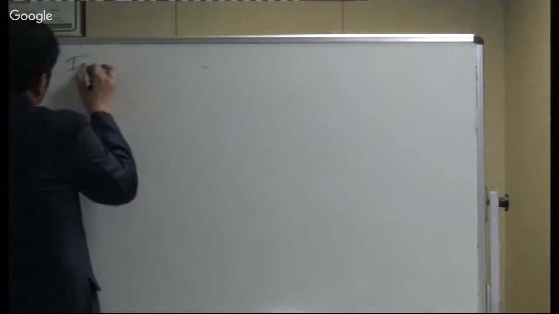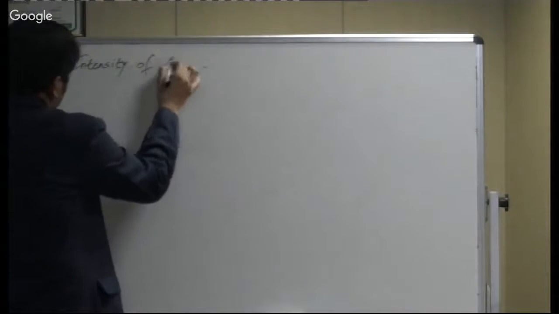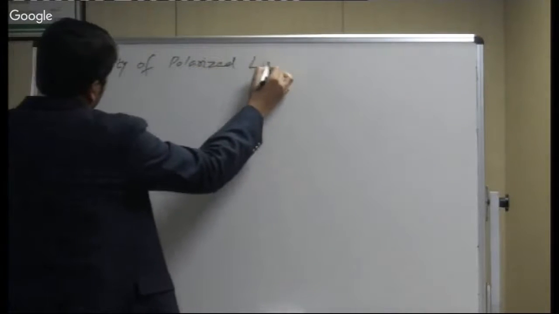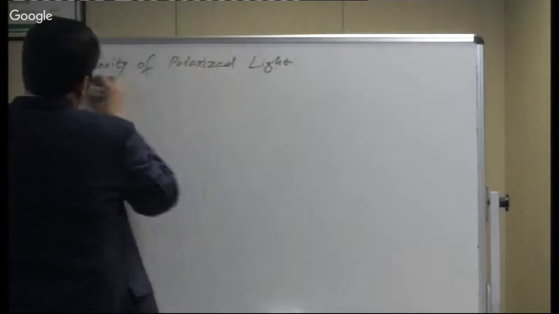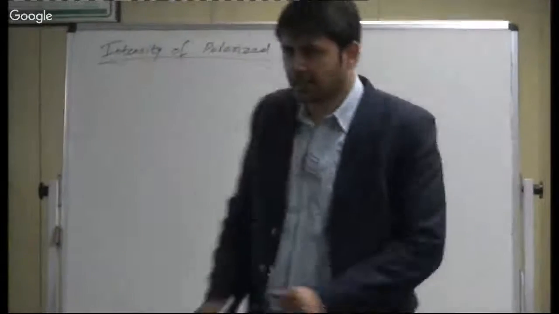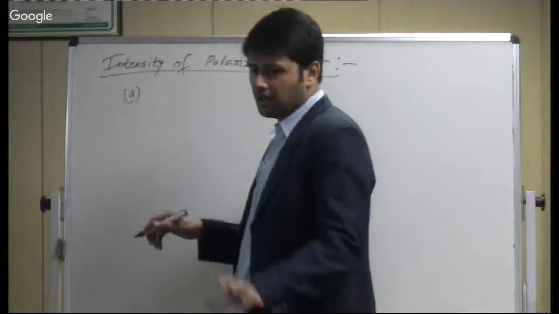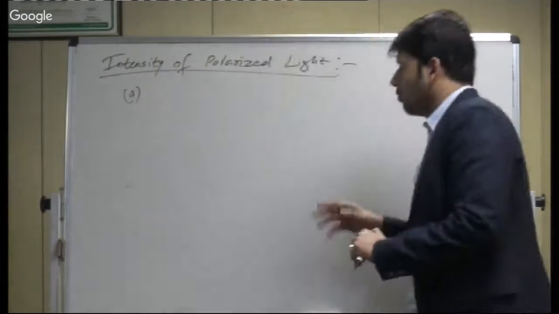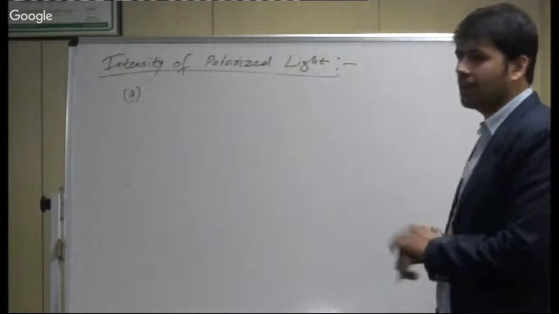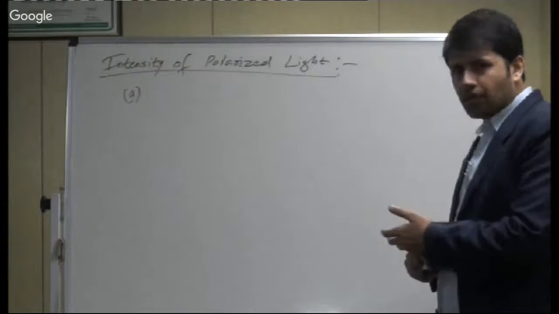Now let's see the intensity of polarized light. Okay, intensity of polarized light. It depends. In the first case, it depends on what the original source was, before the incident light, whether it was unpolarized or polarized.